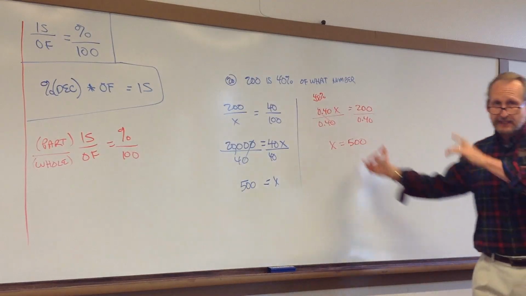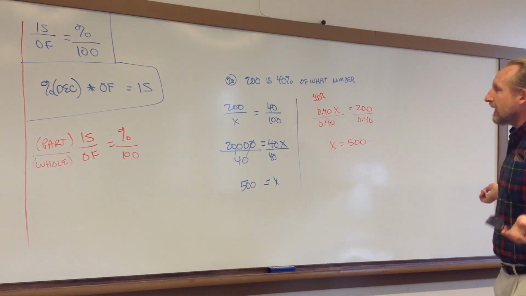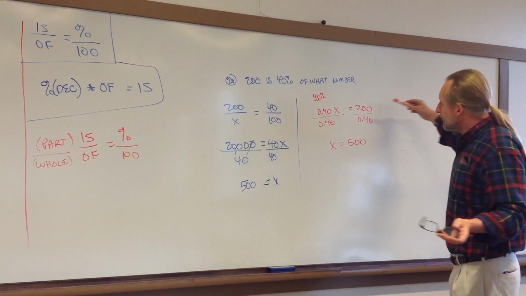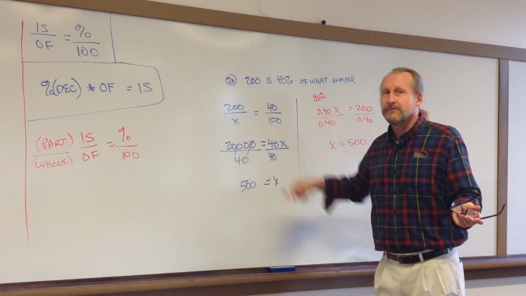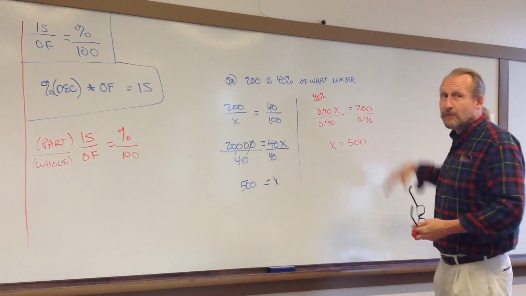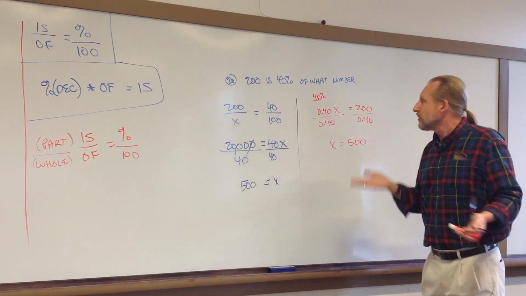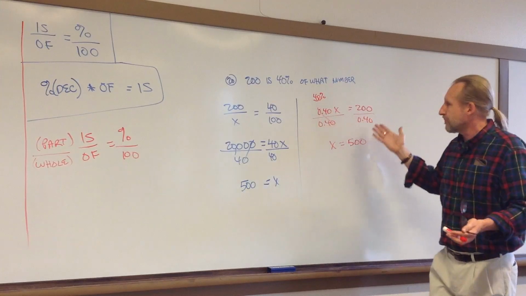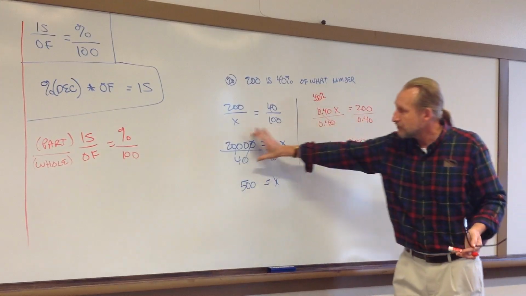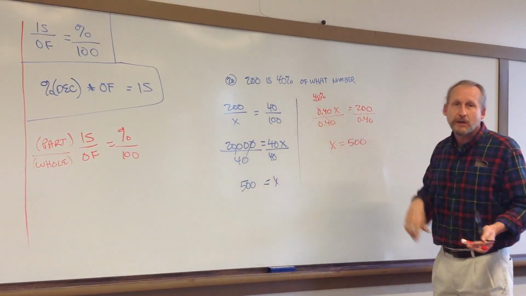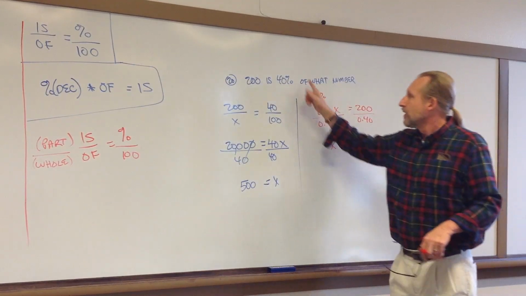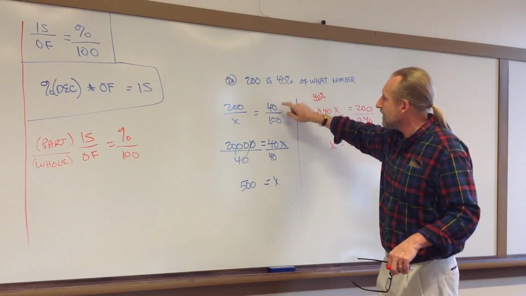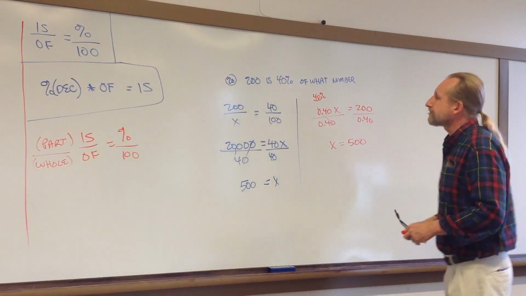I mean, if you look at these, you can see how similar they actually are. Here we're doing 200 divided by 0.40. Here we're doing 20,000 divided by 40. You'll always see that relationship between these two methods. These two numbers are always going to be these two numbers multiplied by 100. Okay, and that has to do with the fact that this 40 is actually 40 over 100.